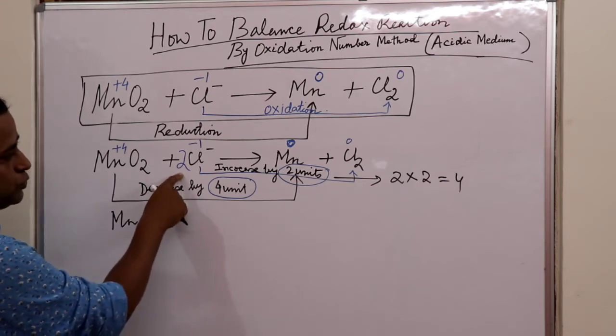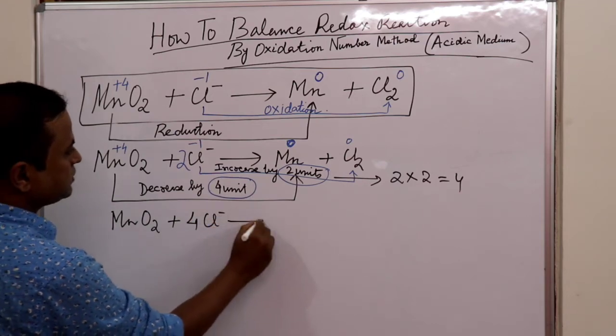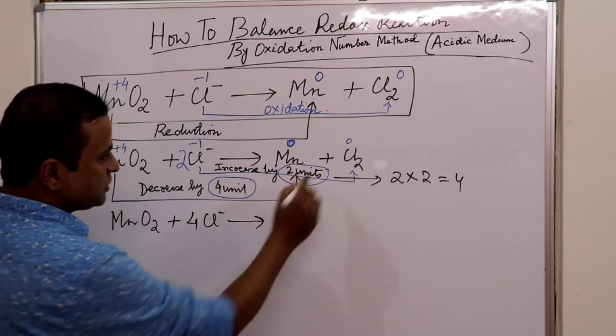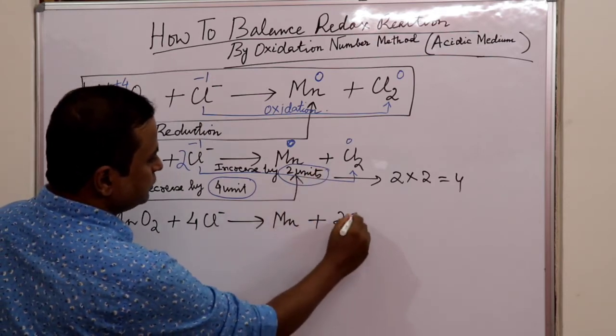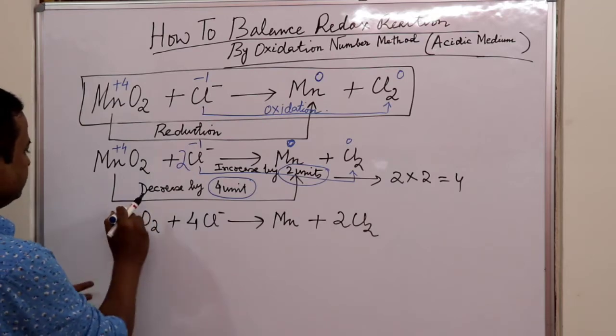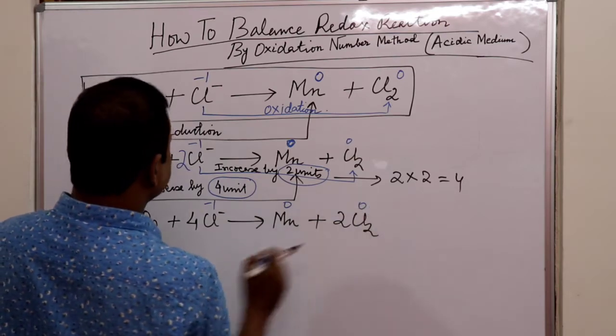There are already 2 chlorine, so 2 into 2 becomes 4. Mn we leave untouched, and this will become 2Cl2. Keep on writing the oxidation numbers at the same time. So this is 0, 0.